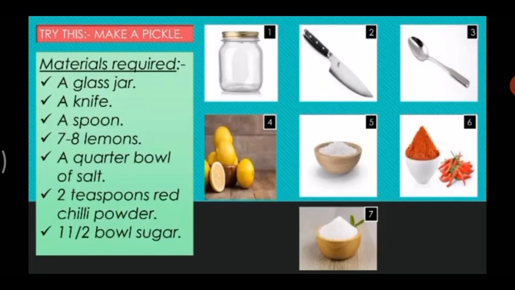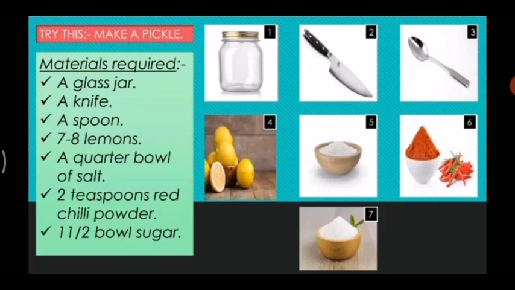Let's move forward. So students, there is one more activity in your textbook on page number 66. Now it is not compulsory to do it, okay? If you are willing to make it, then you can take help of your parents and prepare it. To prepare a pickle, you require certain things. You require a glass jar, a knife, a spoon, 7-8 lemons, quarter bowl of salt, 2 tablespoons of red chili powder, 1.5 bowl of sugar.